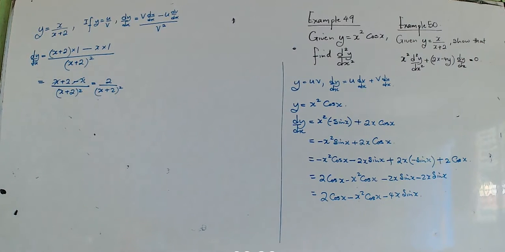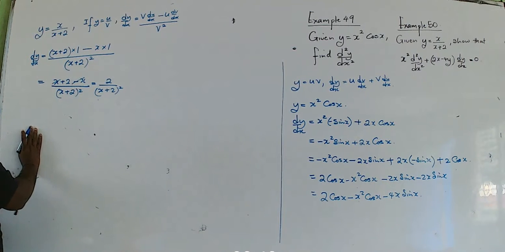Alright, so example 50 is to the right, where we are to show that x squared d2y by dx squared plus 2x minus 4y times dy by dx is equal to 0. Alright, so if we're going to show that, we need to find the second derivative, which is d2y by dx squared.